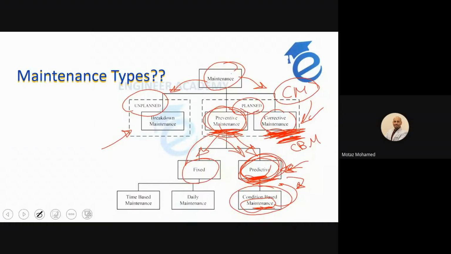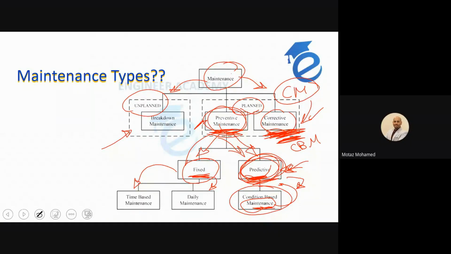And fixed preventive maintenance is classified into daily maintenance, like housekeeping, monitoring something, measuring something. This kind is fixed, whether you're running or not, you have to monitor, you have to keep it up. And time-based maintenance, like overhauls, maintenance based on the running hours, and so on.